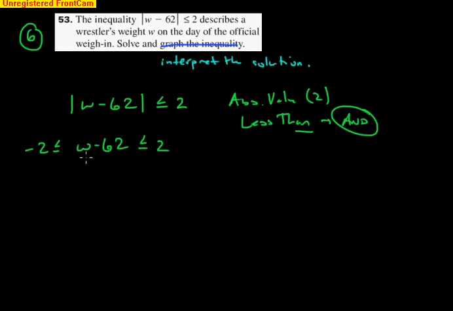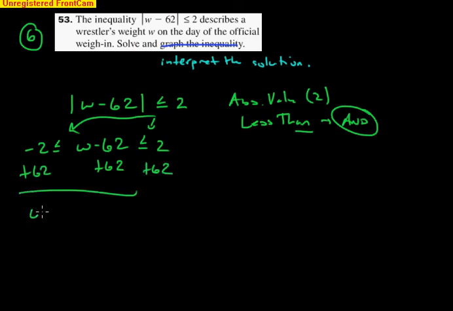Notice though, negative 2 then has to be less than or equal to w minus 62. And again, with the "and," it's just the symbol copied twice. 3 parts, 3 things we do to get w alone. Add 62 to both sides. 60 less than or equal to w, less than or equal to 64. Here is the solution.